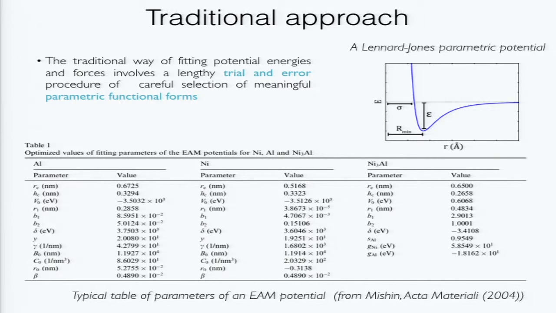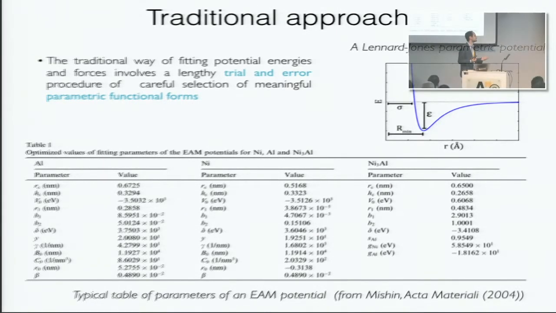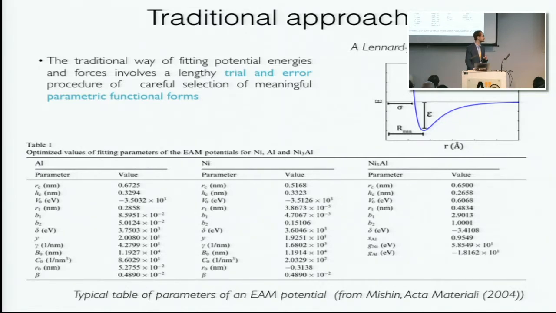But when you have something more complicated and more useful, like the EAM potential, you go to tens or hundreds, or I think you can go to 1,000 parameters if you go to ReaxFF of complicated materials. These are extremely useful, but it's a really hard job. Once you manage to do it, it's rewarding because you can run simulations. But definitely it would be great to have a more systematic approach.